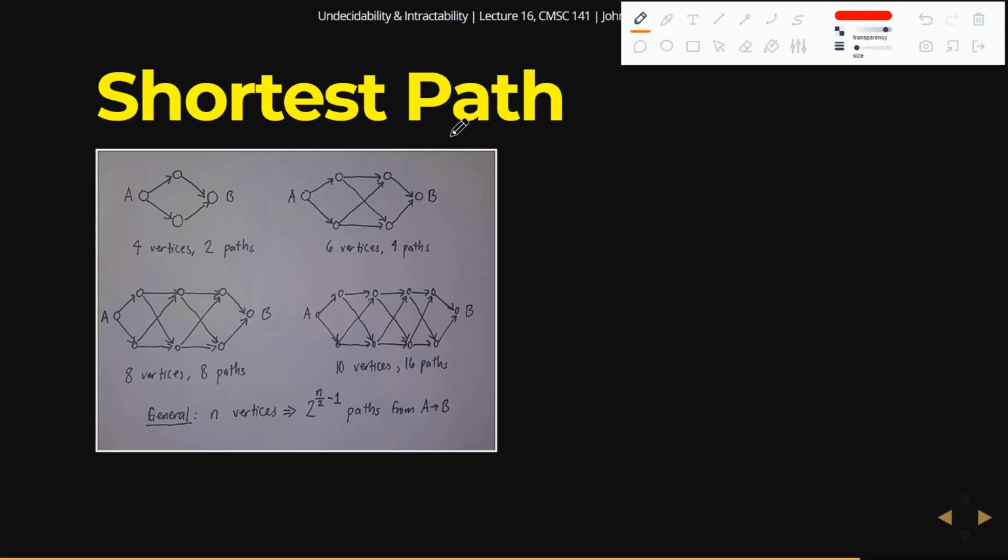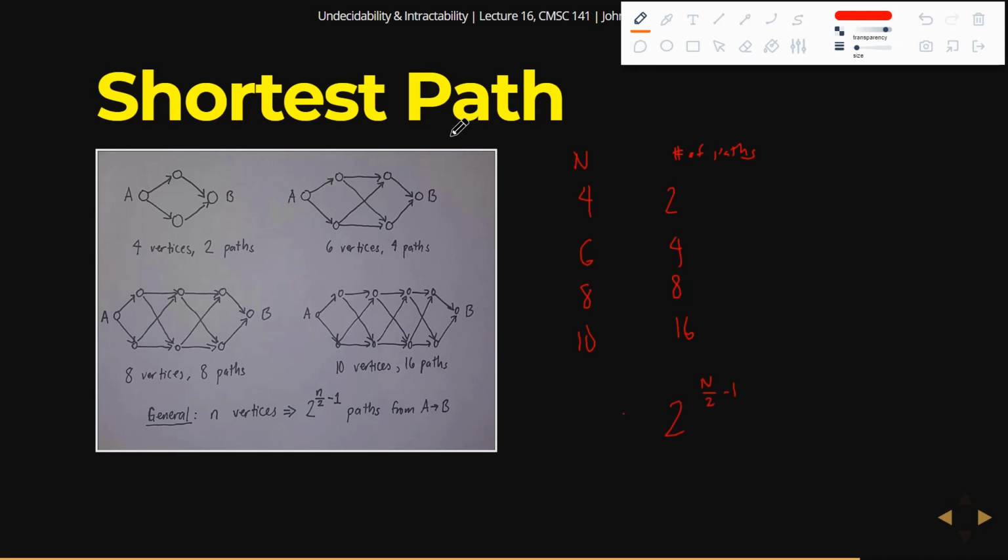So I won't enumerate it anymore, but there's a total of 16 paths. So for n vertices, you have 4, 2, and then 6, 8, 10, 4, 8, 16. So the number of paths here, given n as the number of vertices, would be 2 raised to n over 2 minus 1.